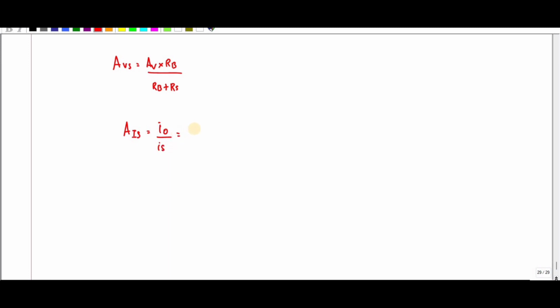So this I can write as I naught divided by IC2 into IC2 divided by IE2 into IE2 divided by IC1 into IC1 divided by IB1 into IB1 divided by IS.